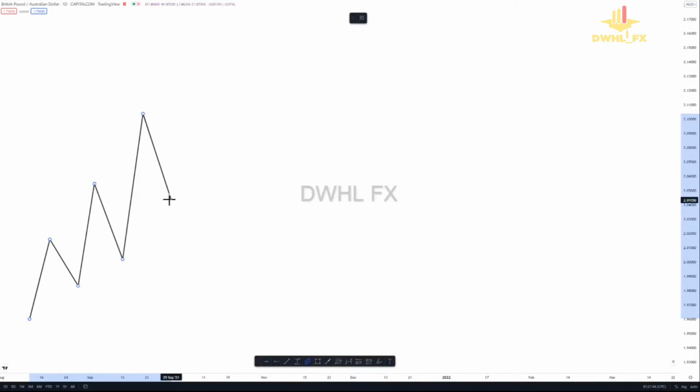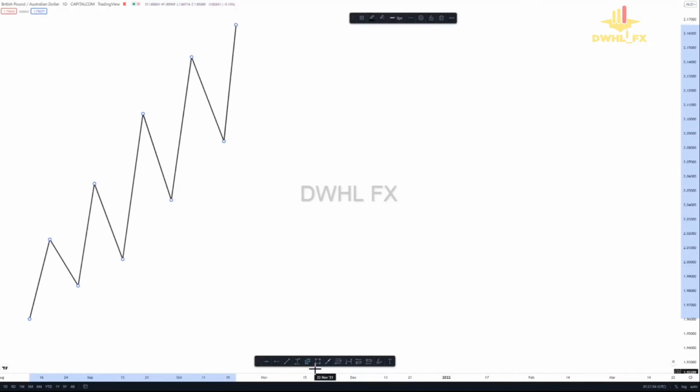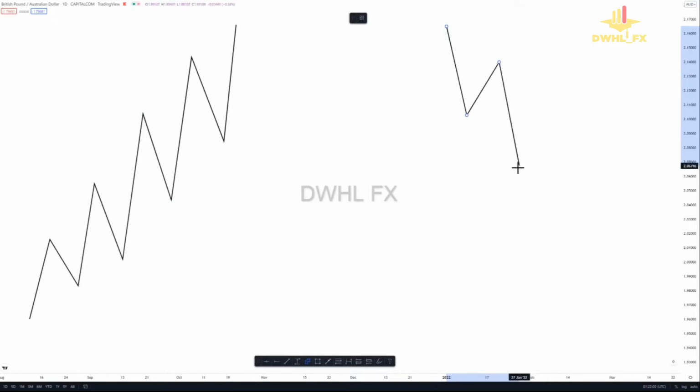This is how the market actually moves. Very basic, and I'll be explaining it very soon. And you see sometimes the market moving in this direction. Very simple, but yet very powerful.